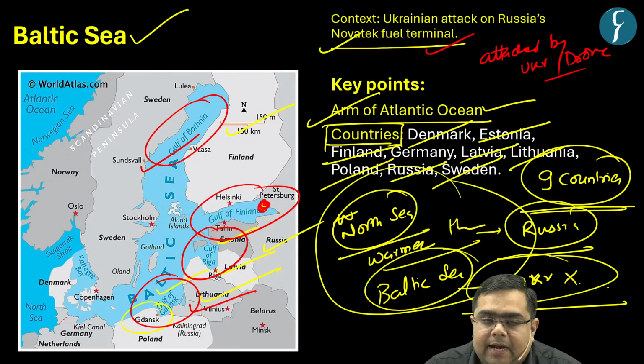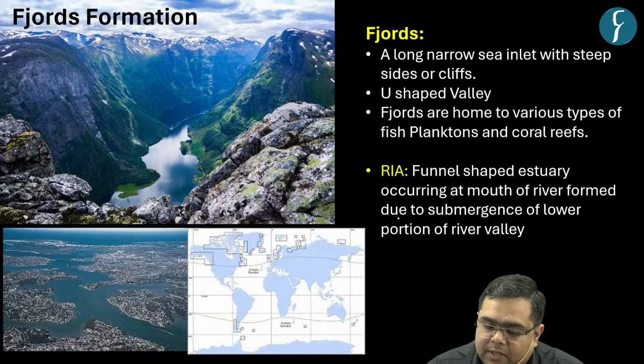To understand this concept again, you can go back to the mother video and watch it to clear our concept with respect to the difference between the temperatures of the Baltic Sea and North Sea, and why the North Sea is warmer than the Baltic Sea.